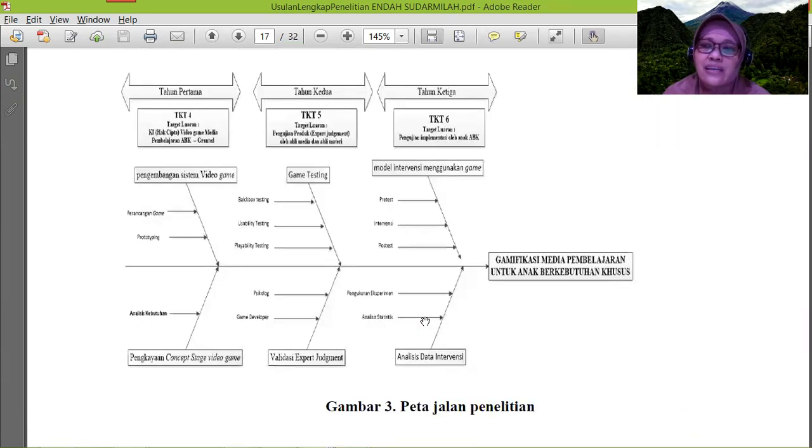And Bu Endah said we must strengthen this research method with a flowchart diagram, step by step, so the reader will know this research will be conducted over multiple years. They have 3 years, and in the first year they will conduct this, the second year and third year like this.